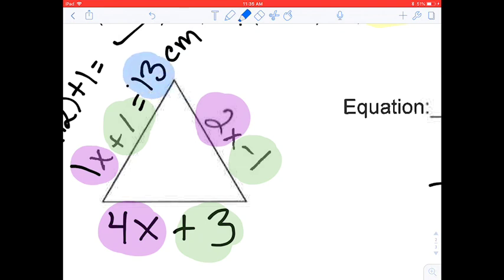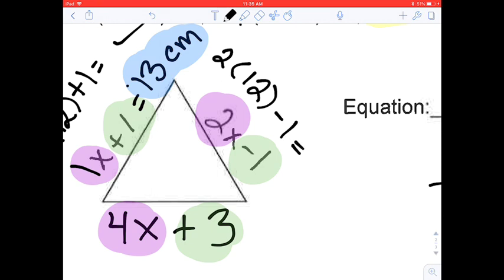I think blue is a lovely color for an answer. Okay, so that's one side. We have another side, 2x minus 1. So that's 2 times x minus 1. 2 times 12 is 24. Minus 1 more is 23 centimeters. And we highlight our answer in blue.